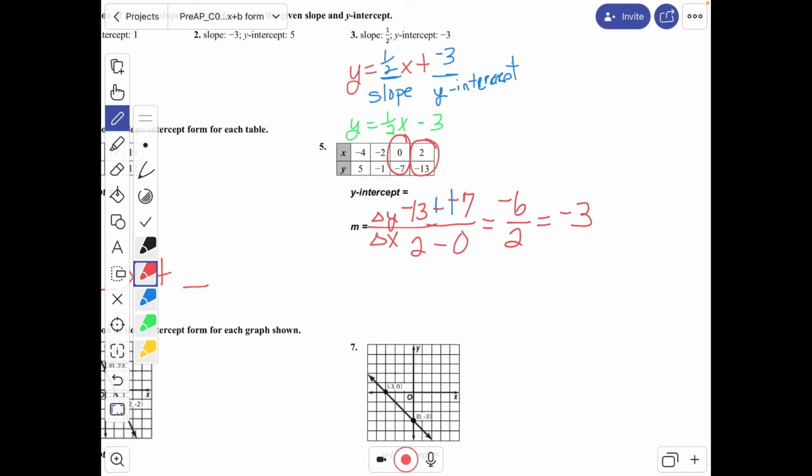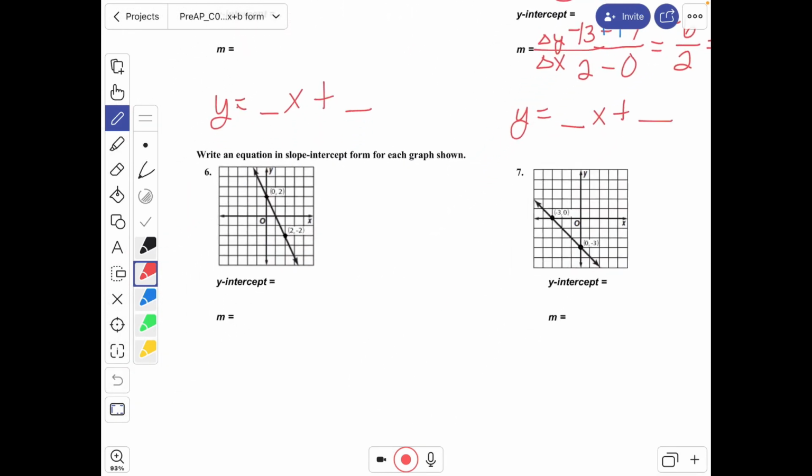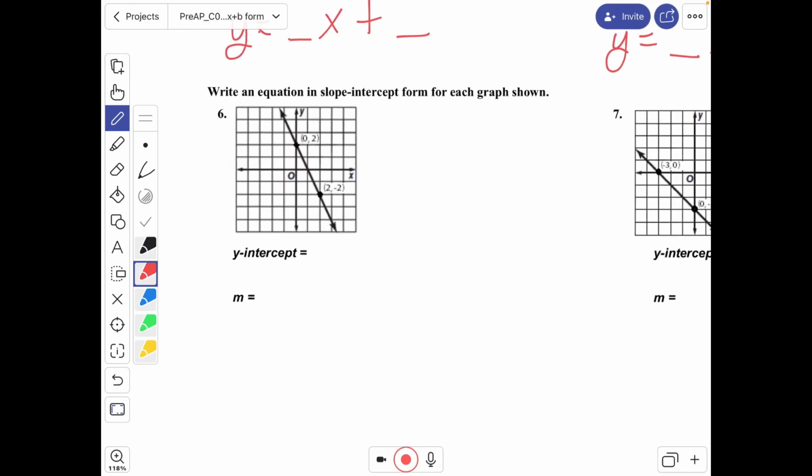So my slope is -3, and the y-intercept is, and we plug it into that equation, something times x plus the y-intercept. And then we have a graph. Again, the y-intercept is the easy one to find. It's where x is 0, and the slope will be where you subtract the 2 points.